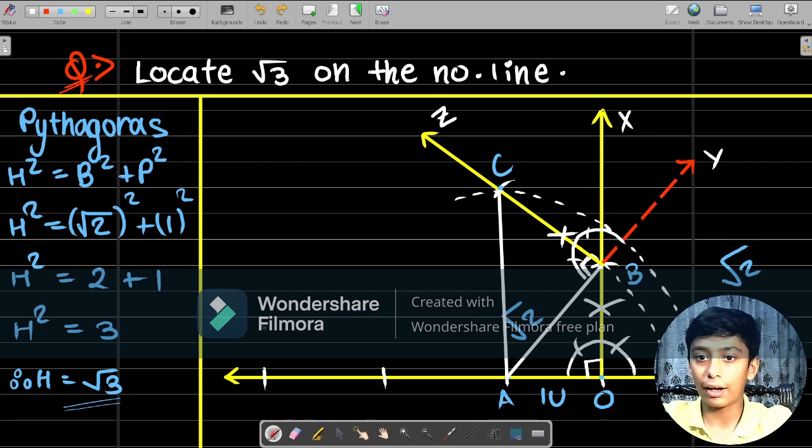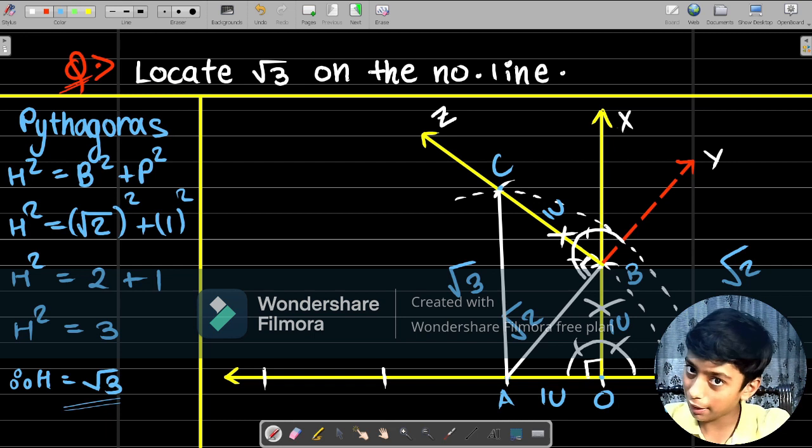One more thing I forgot to do is writing the measurements. This is also 1 unit and this is also 1 unit. This was root 2 and here was root 3.